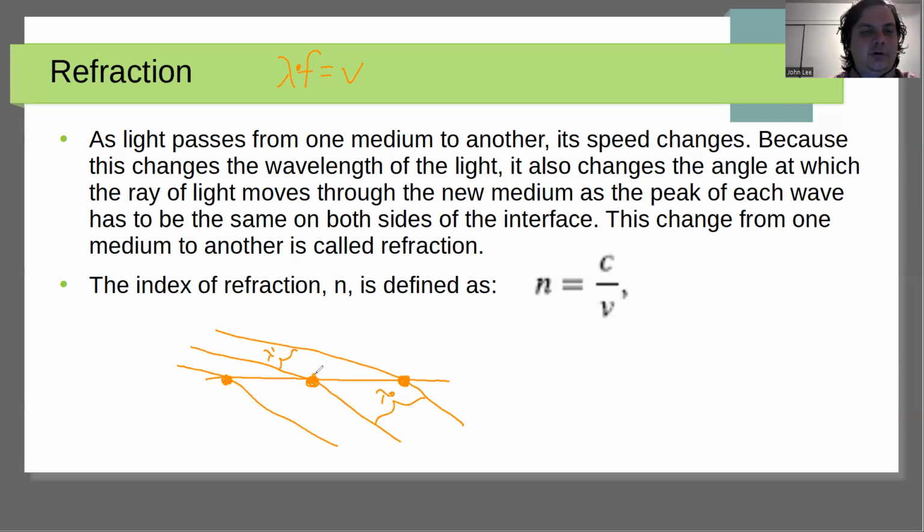So in order for it to go through, it has to go through at a different angle, like this. So this distance is constant. This distance, lambda, the distance between peaks, is different.